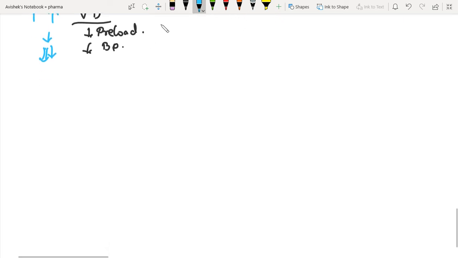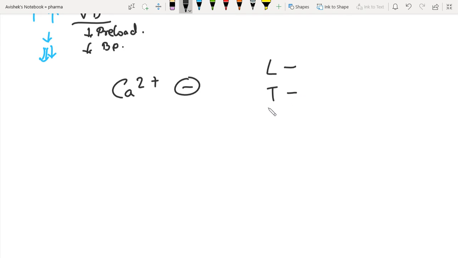Now about the next drug, calcium channel blockers. Really there are two types, L type calcium channel and T type calcium channel. The T type is present in the thalamus. The L type calcium channel is found in the CVS and the T type in the thalamus.